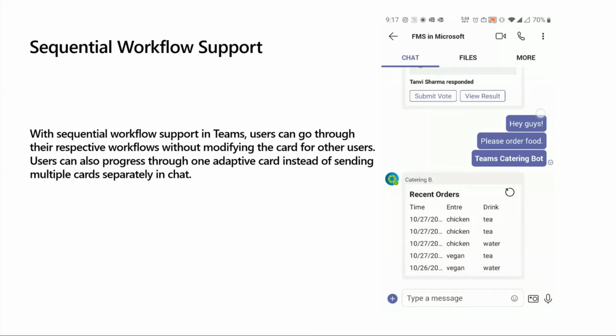I ordered whatever food I wanted to, and during this entire thing, I just had it within one card. So basically, within that one card, I was able to update the entire scenario and complete it. One more thing that we can do using sequential workflows is different people within the same chat can be on different stages of ordering food.